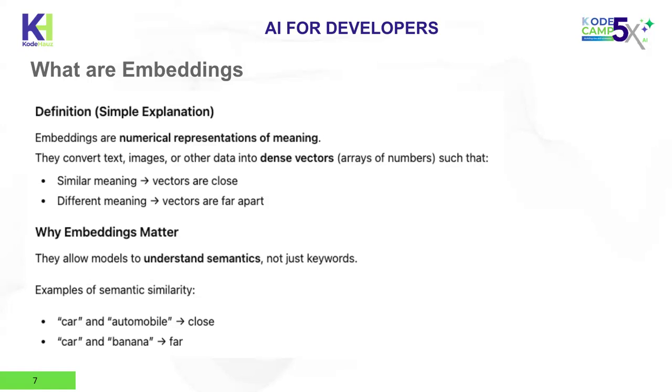Now, it's not just converted in any manner. It's not random conversion. It's not like ASCII code or UTF-8 or Unicode. It's not just a mapping of characters to numbers. That's not what it is.